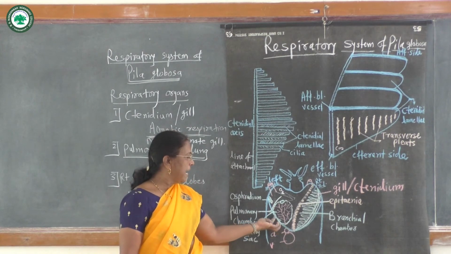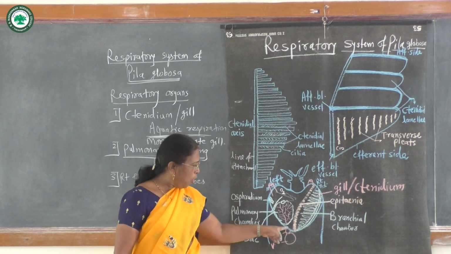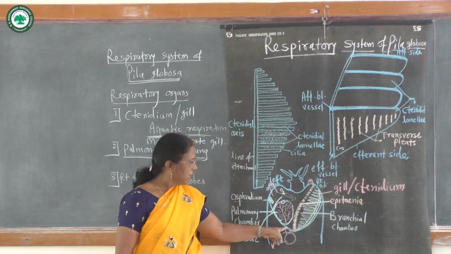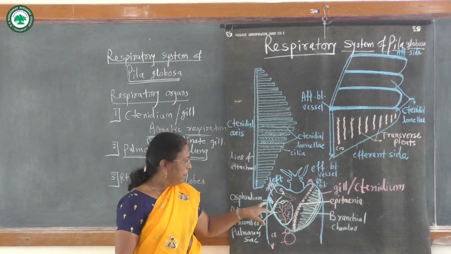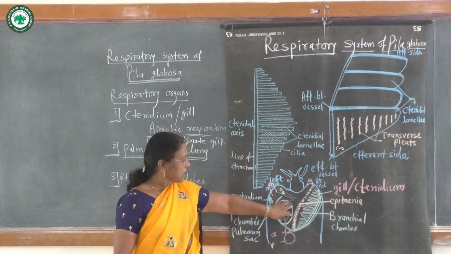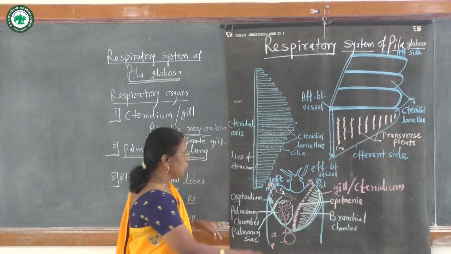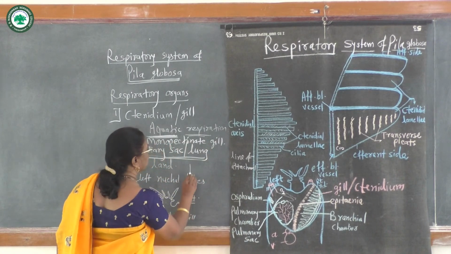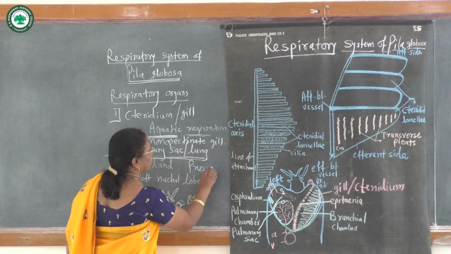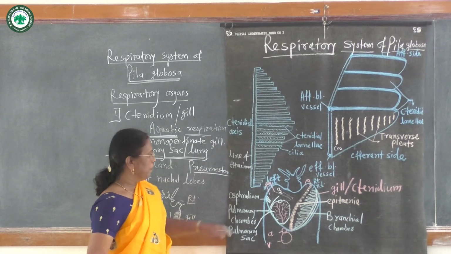Here there is a bag-like structure present at the roof of the mantle cavity, which opens into the pulmonary chamber by means of an aperture. This aperture is called the pneumostome.